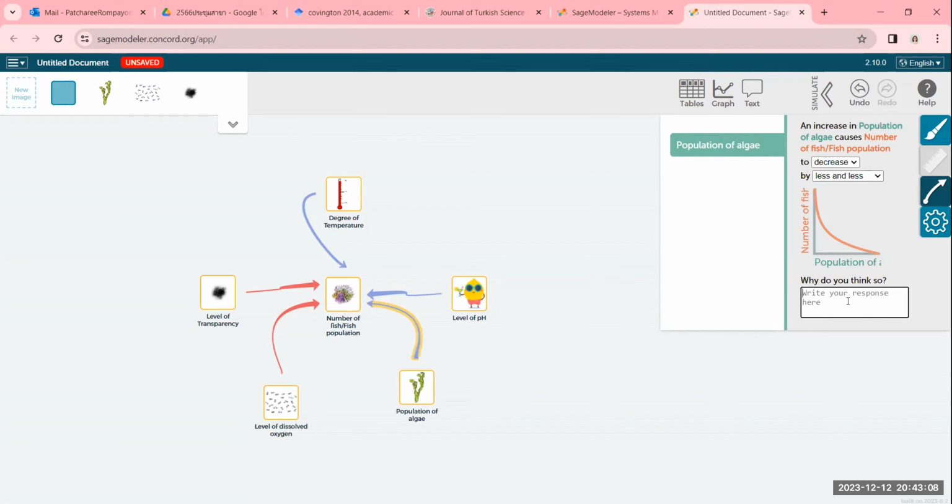So it means that if the population of algae increases, the number of fish decreases. Yeah. More algae, less fish. It seems like it is not a reason, right? Because we just rephrase what appears in the graph.